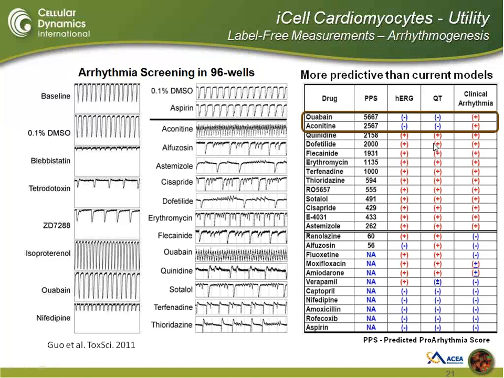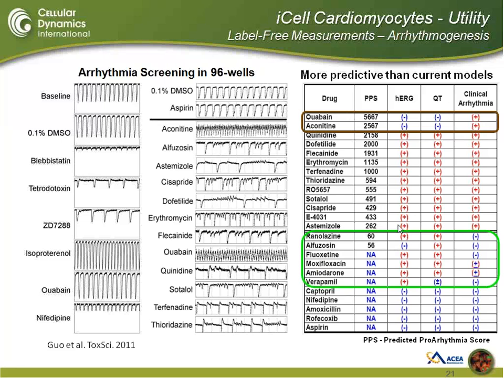So when they compared them to their standard hERG and QT tests, which didn't pick up a couple of compounds like wabin or Aquino-19, and they compared that to the animal in vivo studies, which did pick up a liability, they found that the iCell cardiomyocytes picked up the liability as well. And when they compared the compounds which ranked low by the iCell cardiomyocytes, but were detected by the hERG and QT, but not the in vivo animal models, they found that the iCell cardiomyocytes, again, represented the in vivo phenotype over their other models.